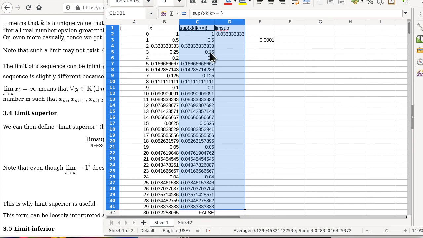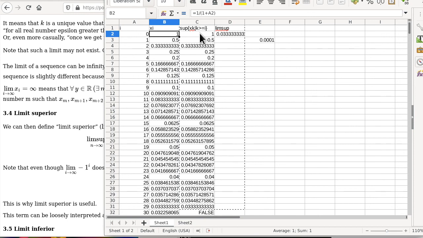So within this one, does everybody see how, in this case, the supremum starting with index 0 is just the value at that point? Do you see how these are the same?